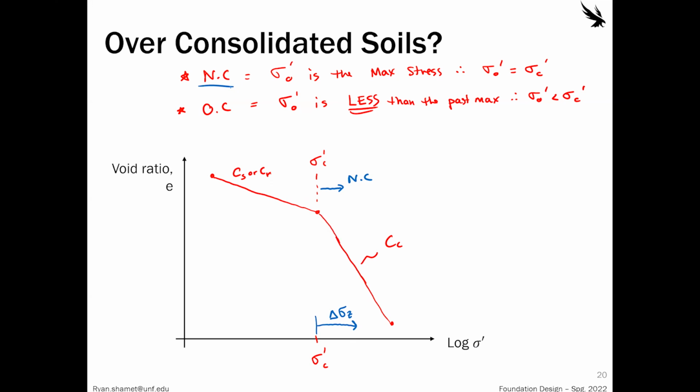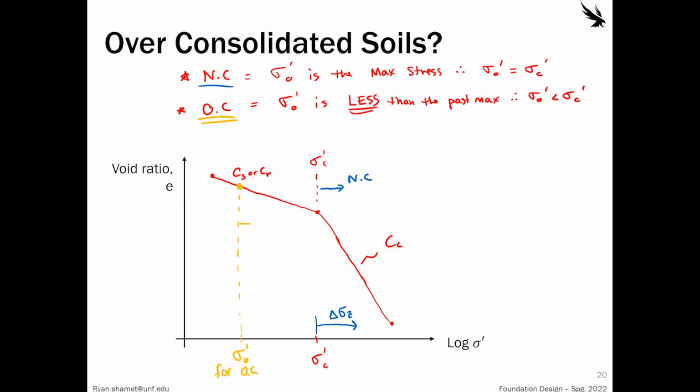However, if we are over consolidated, that means we could have a current effective stress somewhere down here. It's for OC, and we're less than our previous past max.